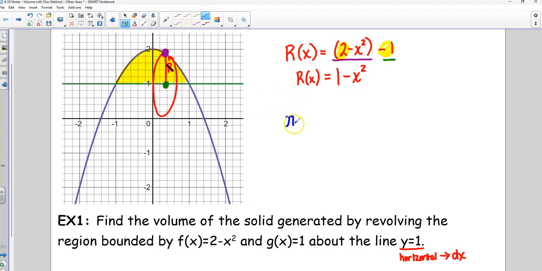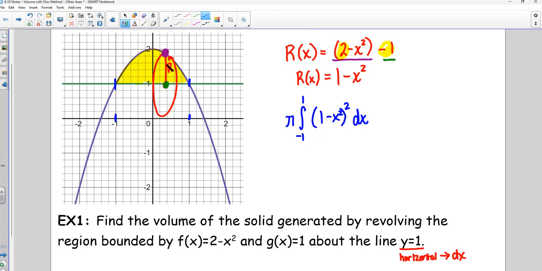We're going to have pi integral radius squared, so 1 minus x squared squared. Make sure you have squares in both places, right? dx. What should I use for my limits here? Negative 1 right here, furthest left, to positive 1 to the right.